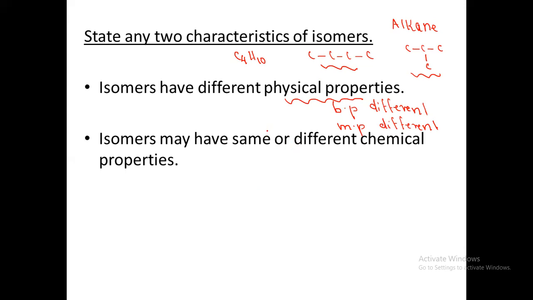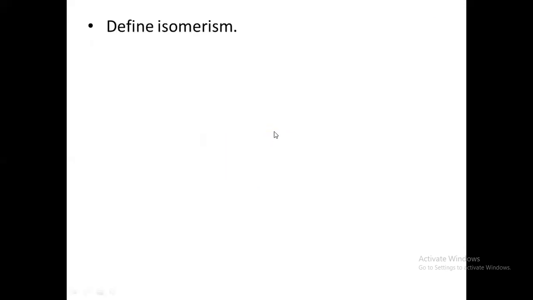Hope it's clear. Now, another definition you can expect: what is isomerism? Other than isomers, you can also expect what is isomerism. We saw that example where C4H10 can be arranged in two different ways. I'm just showing the skeleton, not the hydrogen. So it's two different molecules, but the formula was C4H10.